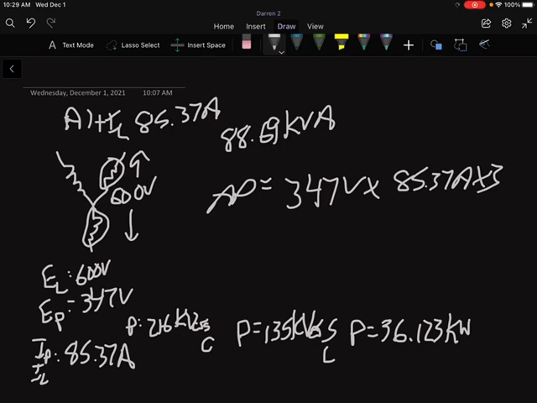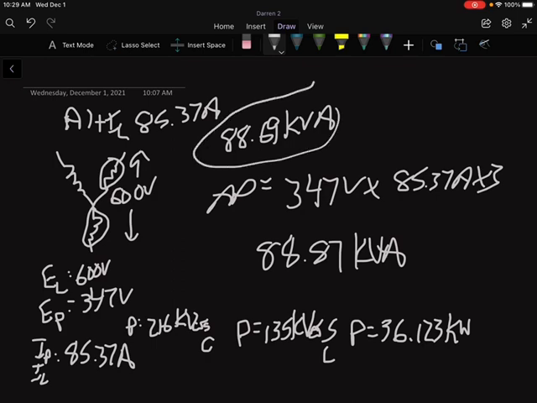So 347 times 85.37 times 3, and we get 88.87 kVA. So there's just a little bit of a rounding issue throughout, rounding up or down in different cases, but these two values are very close to the same. So using Pythagorean theorem or just calculating with the values that we found, they are very close.